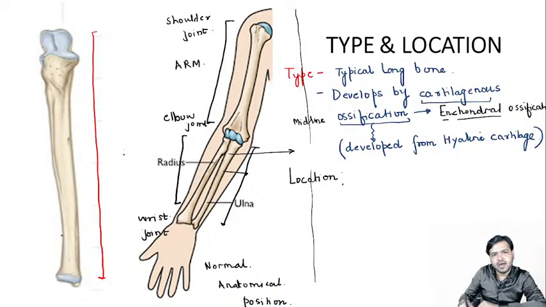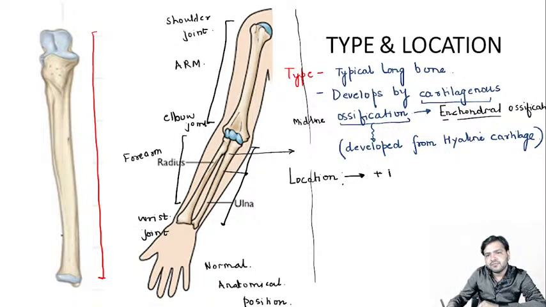So I can simply say that the ulna is the medial bone of the forearm.